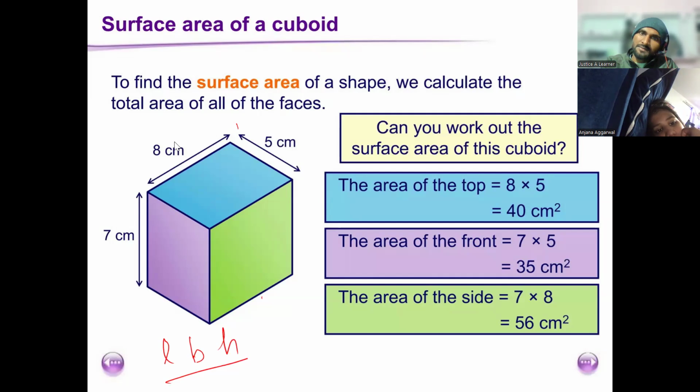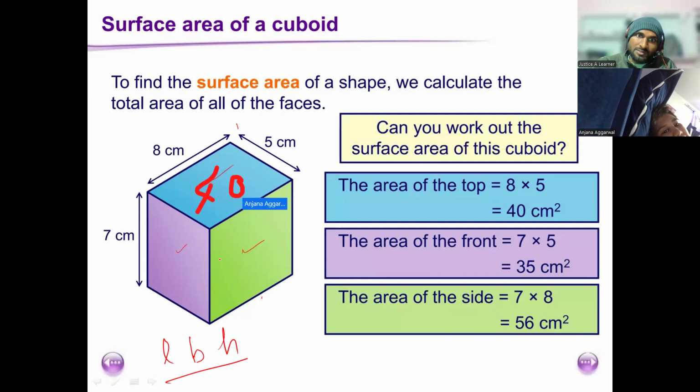Now see this. Can you work out the surface area of this cuboid? The area of the top is 8 into 5, 40. The area of the front is 7 into 5, 35. The area of the side is 7 into 8, 56. From this angle we see three faces, but we know the other side also has three faces.